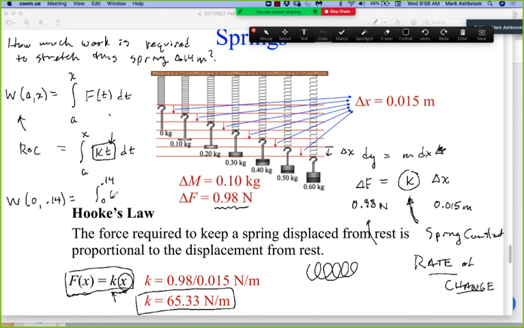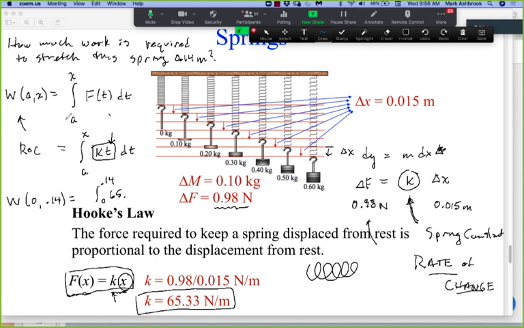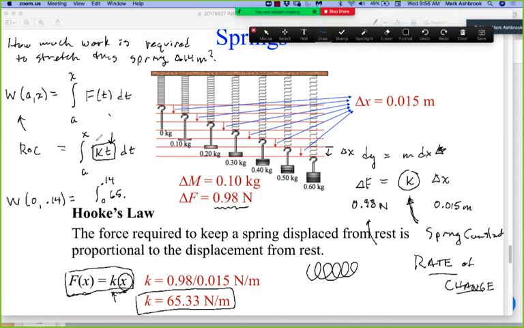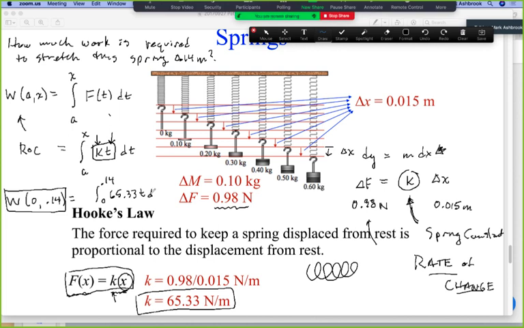So what is our k? Our k is 65.33. So we wrote the work accumulation function, and I could put the 65.33 right there. I have it as k, but for this spring it'd be 65.33. So now I want to know W of 0, comma 0.14 using this function. And so we could also write it this way.